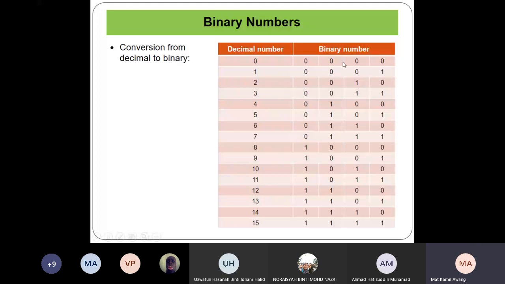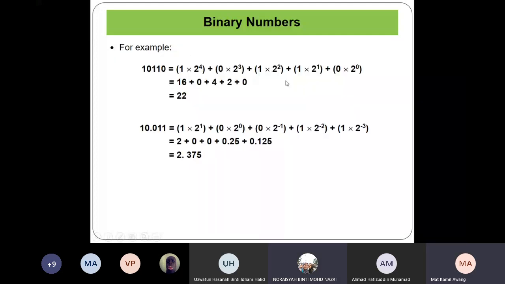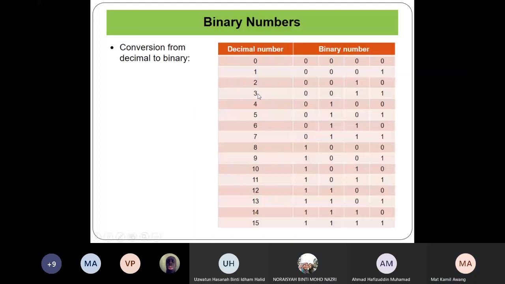But 1 is basically 1 times 2 to the power of 0, which is 1. 2 is 2 to the power of 1, which is 2, then plus 0. And 3: 2 to the power of 1 is only 2, and you have 1 remaining, which is at 2 to the power of 0. So it's the same thing, for binary the base number is 2. Okay, sir.